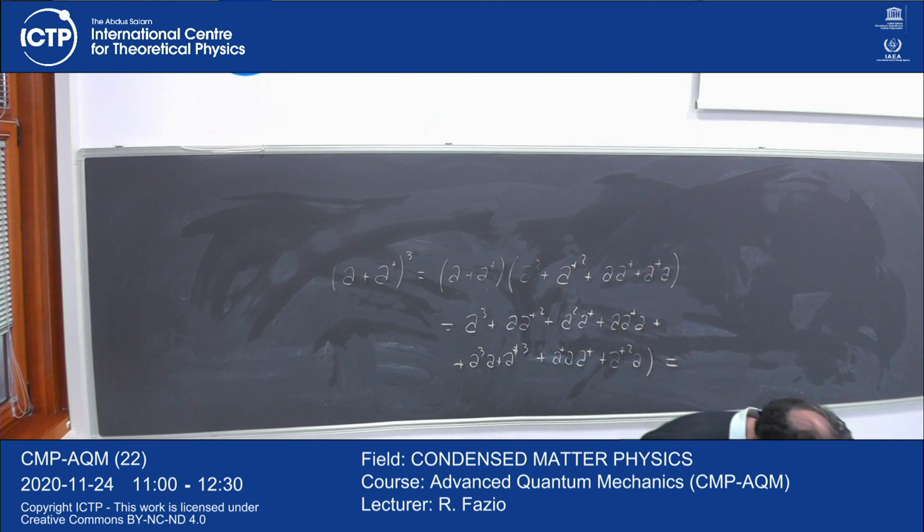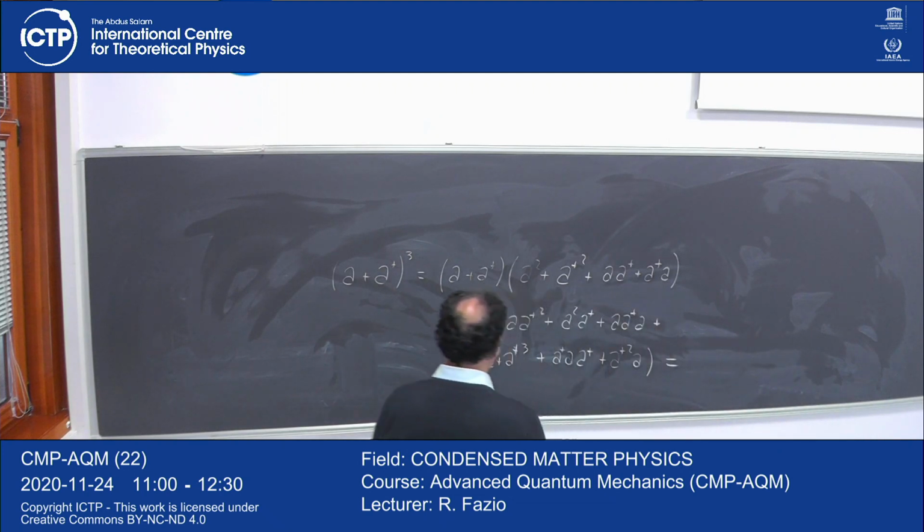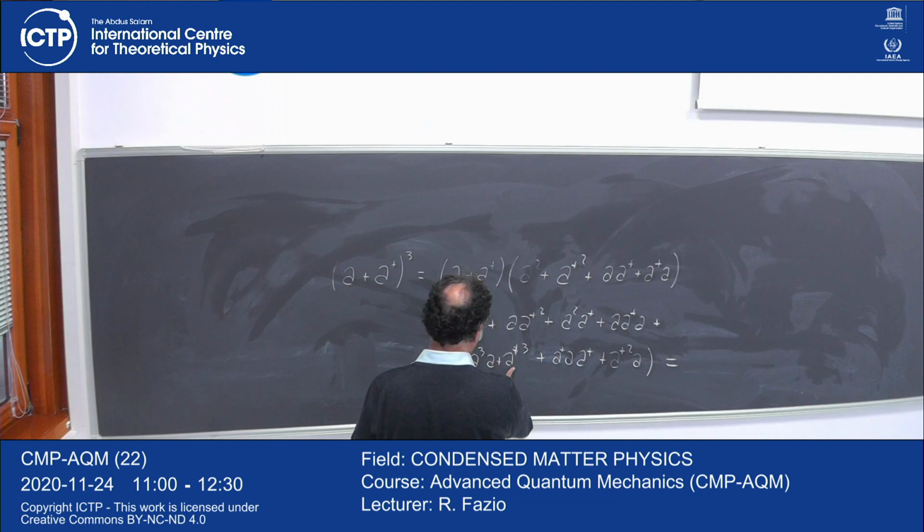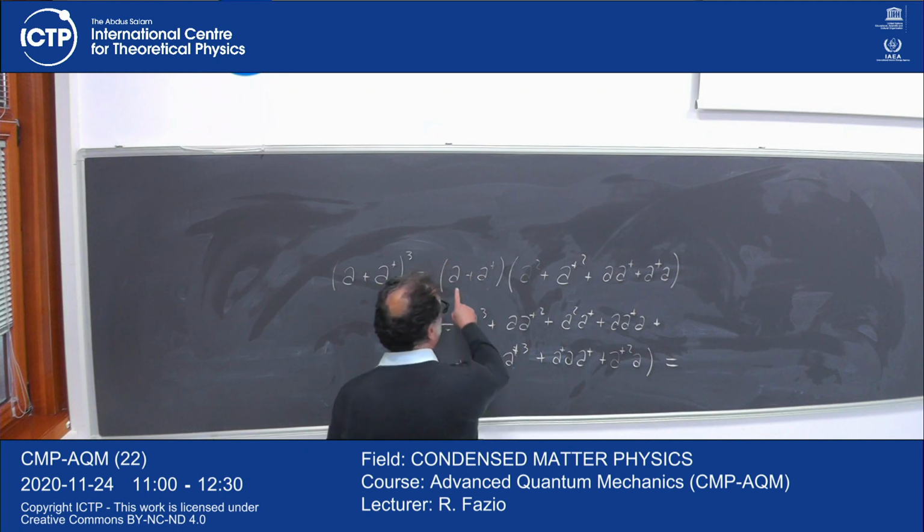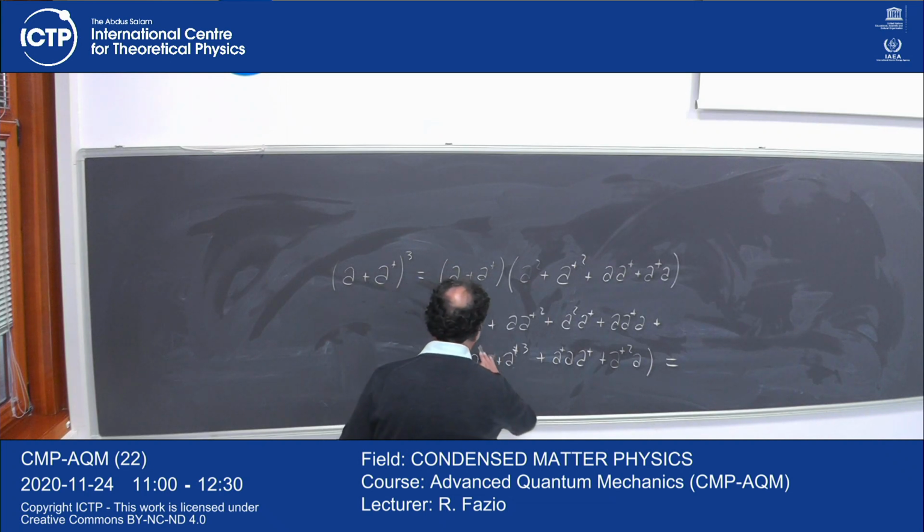The first term in the second line, what is it? Just a moment, I have to double check. No, sorry, the first term is just A cube. Sorry, the first term is A dagger A squared. Okay.